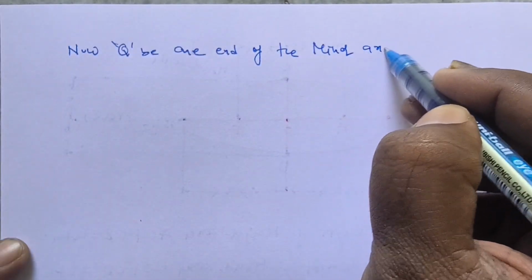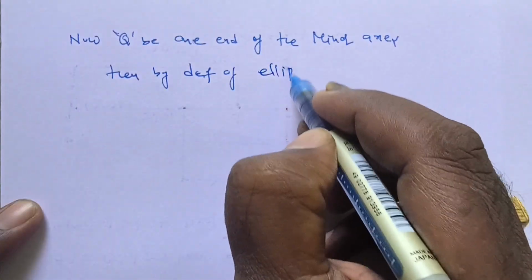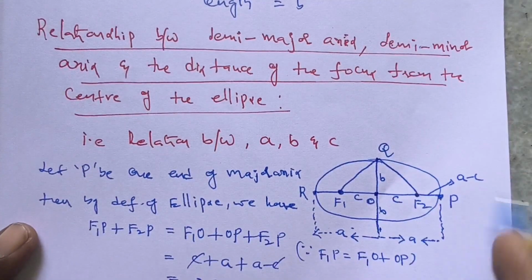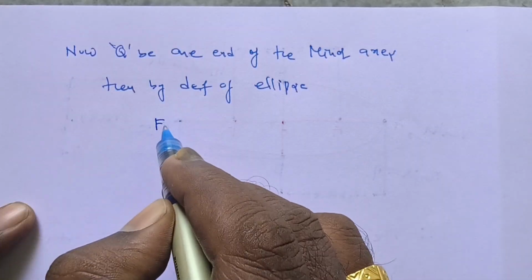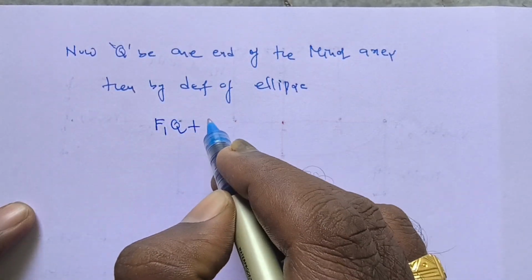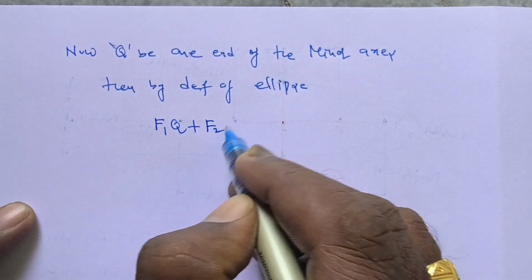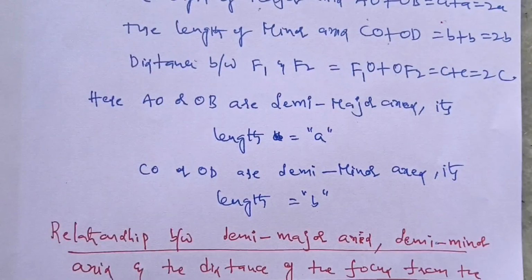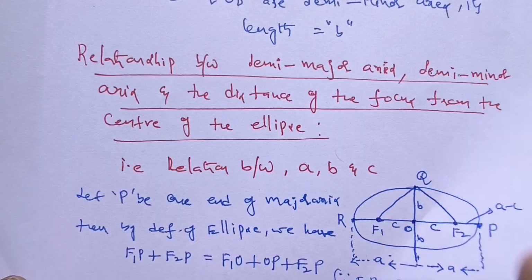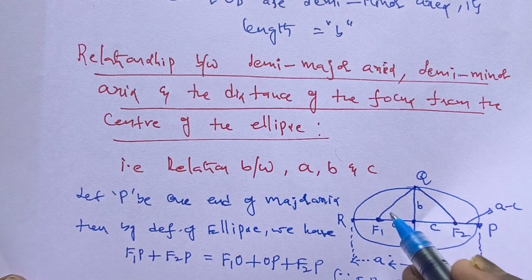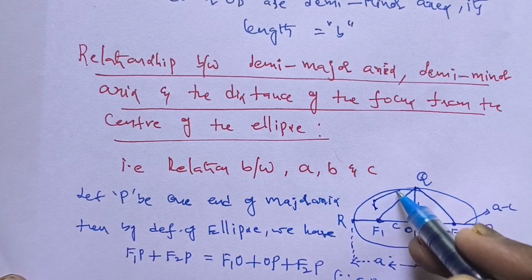Now assuming Q is one end of the minor axis, then by the definition of the ellipse, QF1 plus QF2 is constant. So F1Q plus F2Q equals, observe here, F1O is c units, OQ is b units.